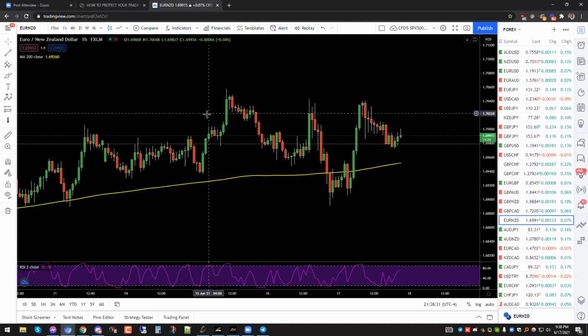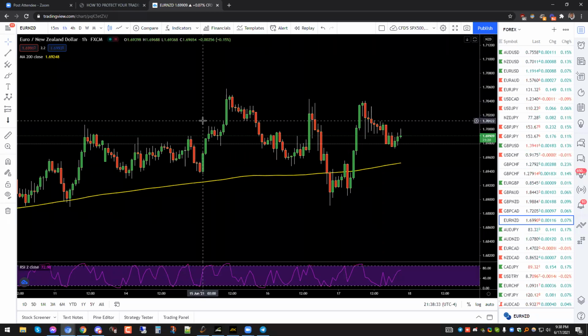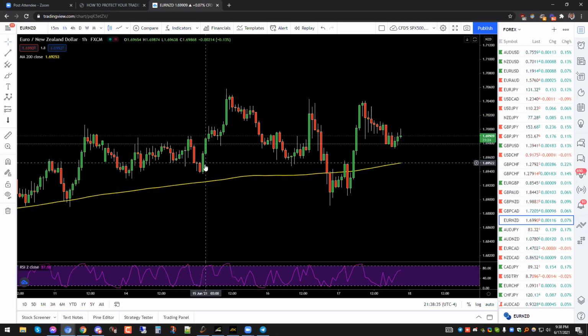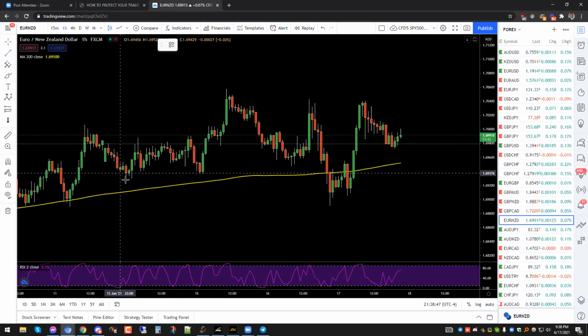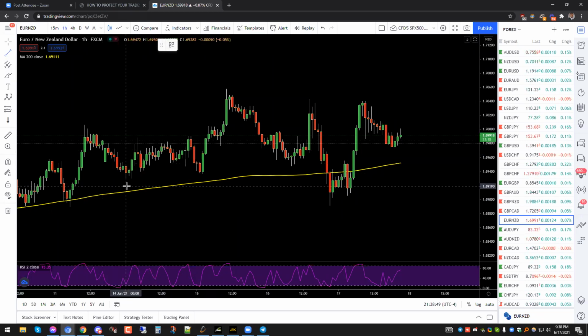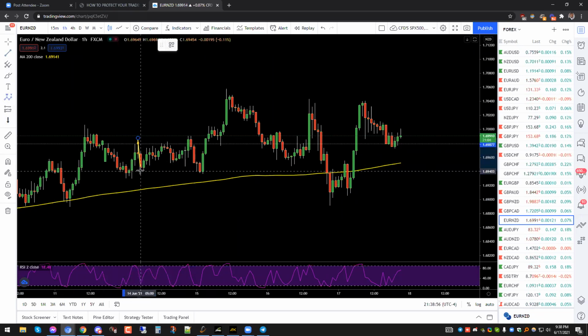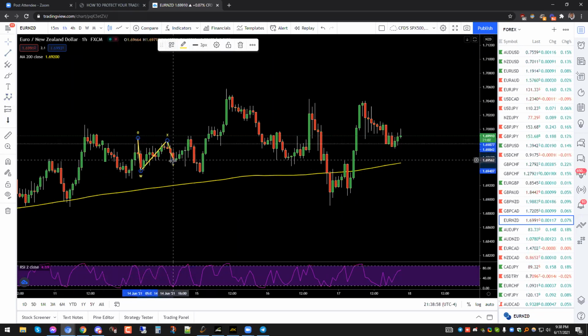So let's just look for 2 a.m. Right, so this is 2 a.m. right here. I just picked a random 2 a.m. time slot. And as you can see, the move down, if you understand the Elliott wave theory, we have impulse down, we have impulse up, 1, 2, 3. Let me just mark this up for you. We got impulse. This is a 3-wave move.